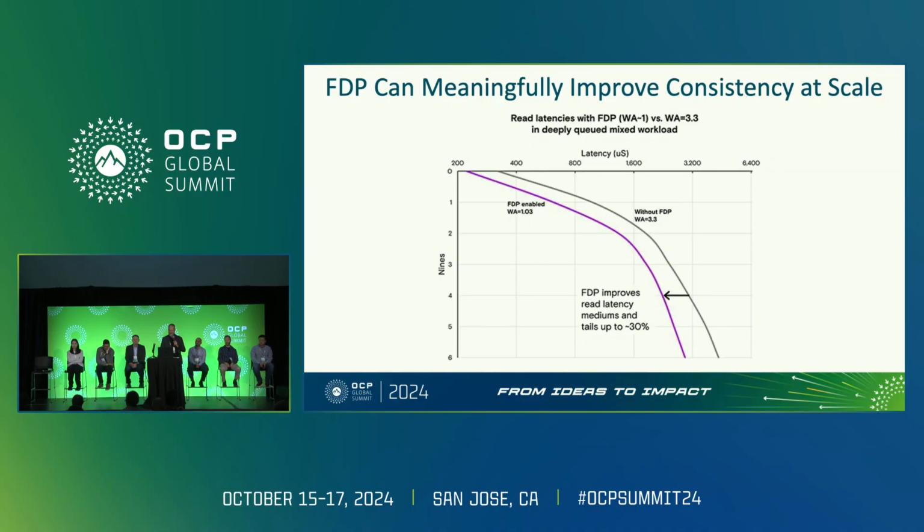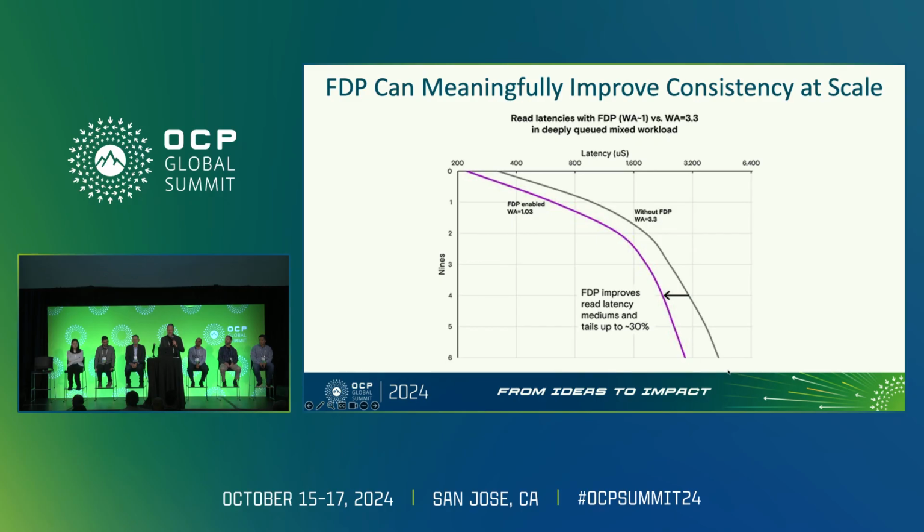Without an FDP configuration, the write amp of this particular drive was about 3.3. Median latencies were this number for a read, and 1 in a million read latencies were sitting out here. Now, with the garbage collector completely quieted, a write amp of 1, you can see an improvement in these latencies.